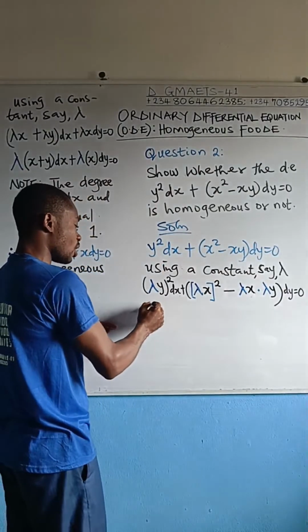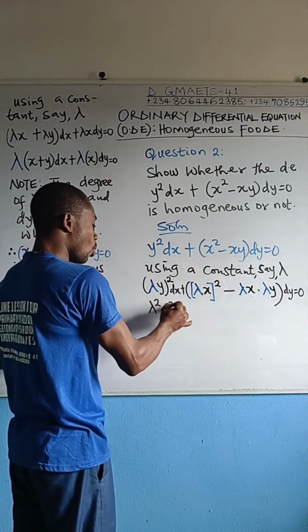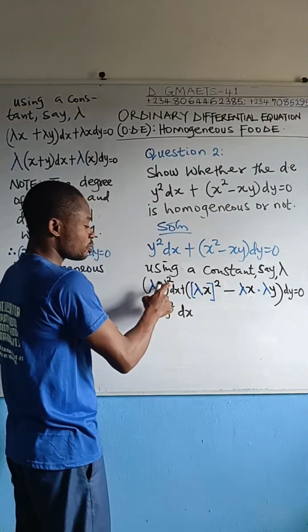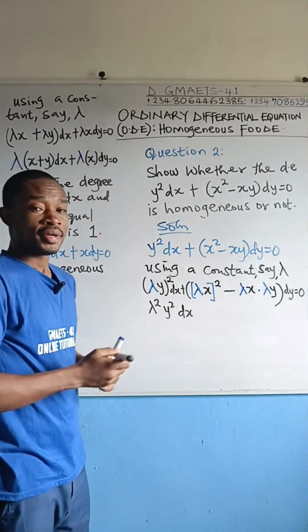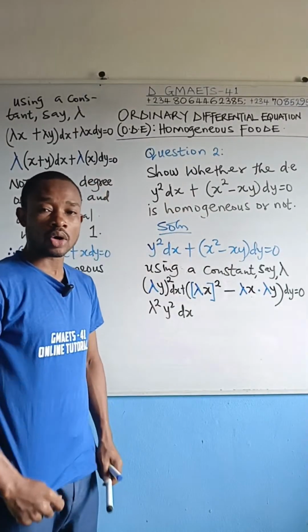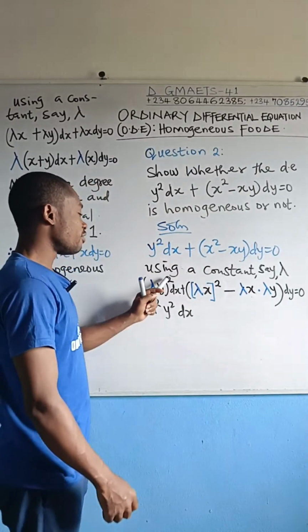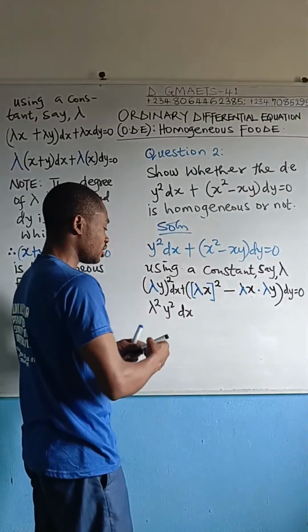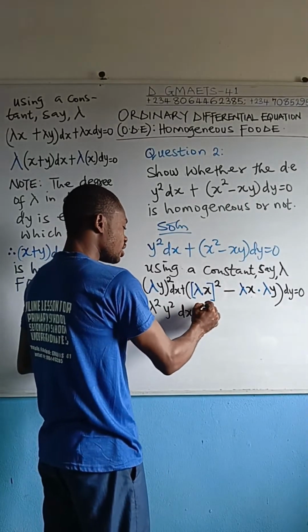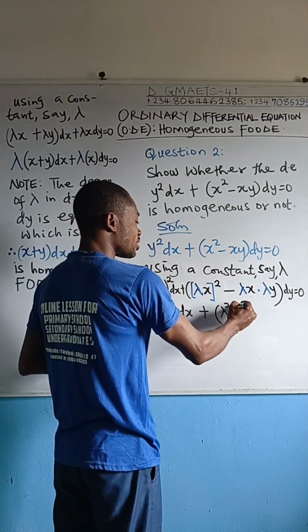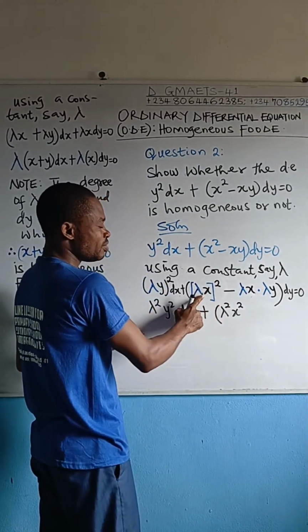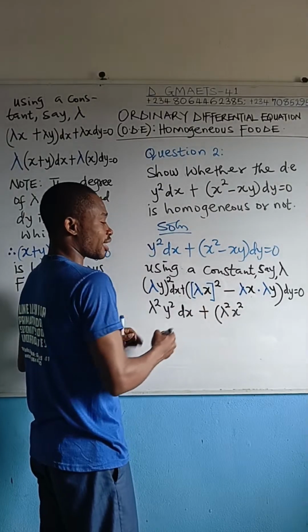From here, you notice that we have lambda squared, y squared times dx. This power distributes over lambda times y. Remember that power distributes over multiplication and division. So I've distributed this power to this lambda and y. Then the next is plus open bracket. Here is going to be lambda squared x squared. This power will be distributed to lambda times x.